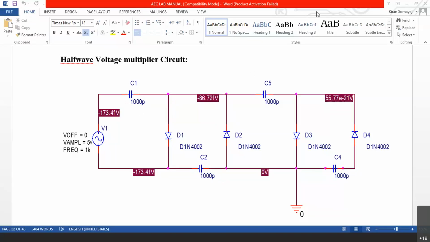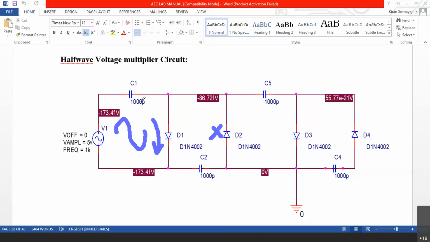Now, let me explain briefly the working of this. Let us say the positive cycle is coming. When the positive cycle is coming, this diode is conducting. Capacitor passes AC. And at that time, this is not conducting.